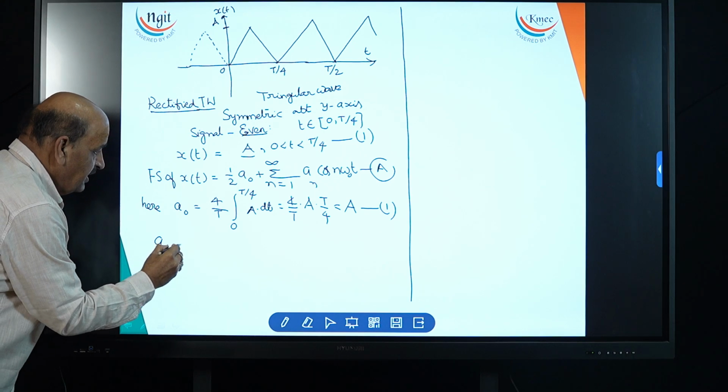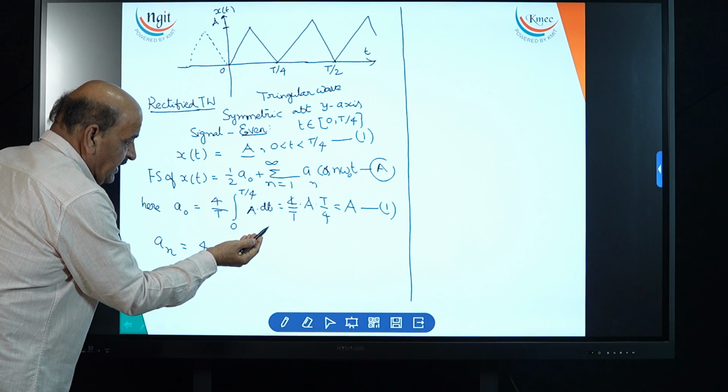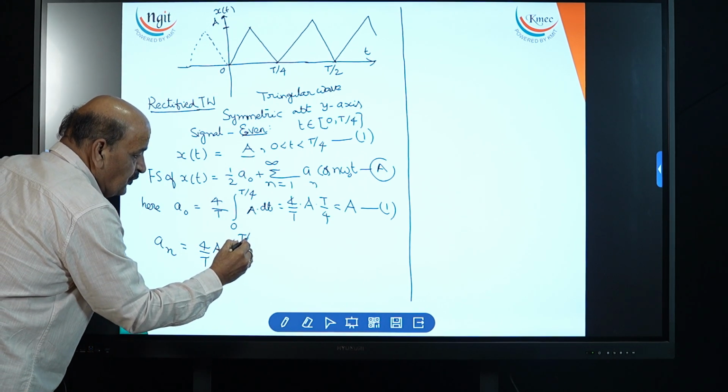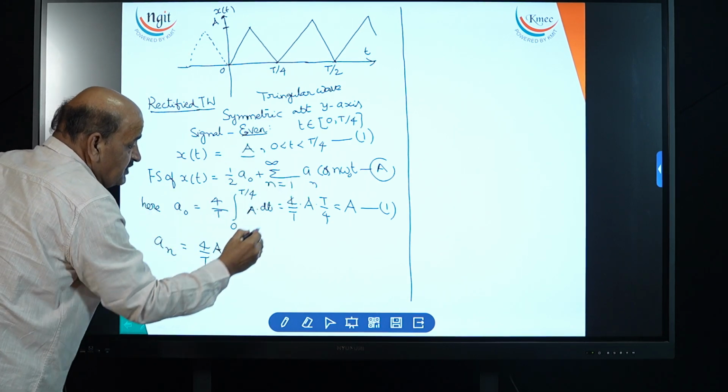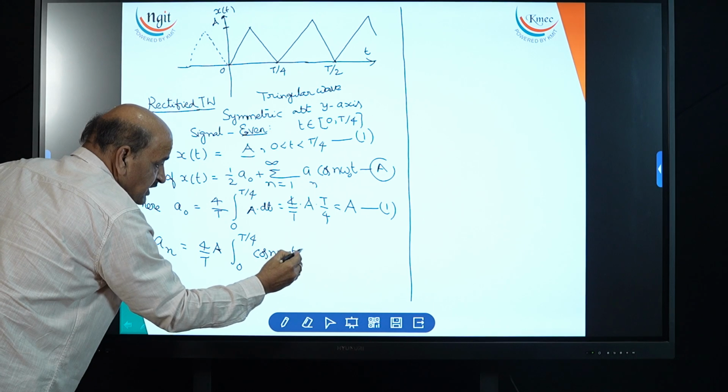Next one. Here an equal to again 1 by 4T. We have to take constant A out of this, integral 0 to T by 4, and the remaining one, cos n omega naught t dt.